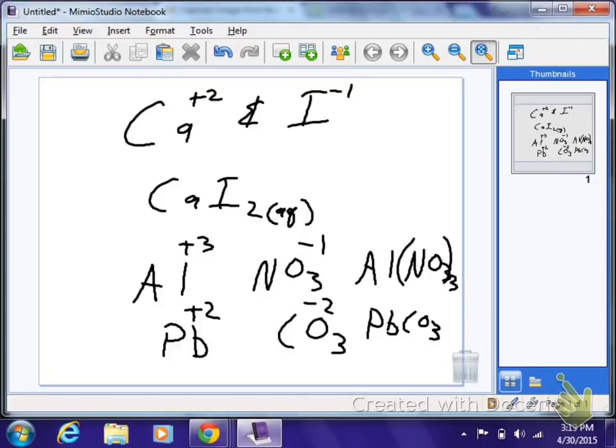Okay? Next one. I haven't left much room on my board, but you have. Do the next two. And look at the next two. Decide if they are AQ, aqueous, or if they are a solid. Go ahead and do those next two, based upon your list.